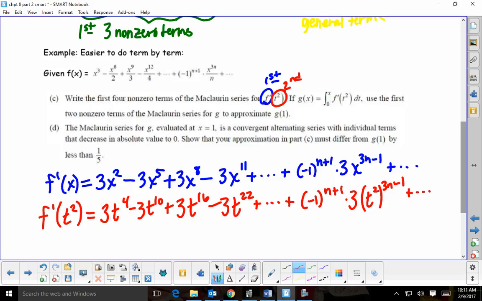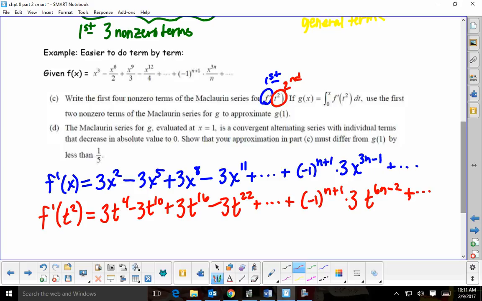So that would be t to the 6n, oops, 6n minus 2. Everybody get there?